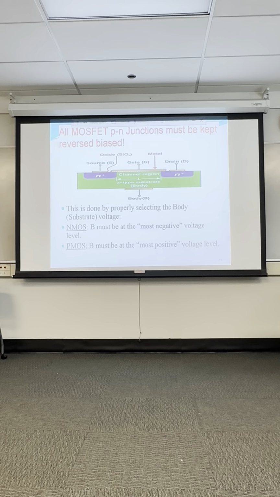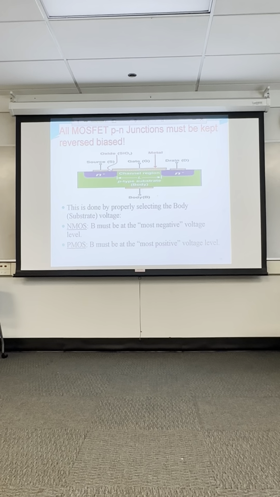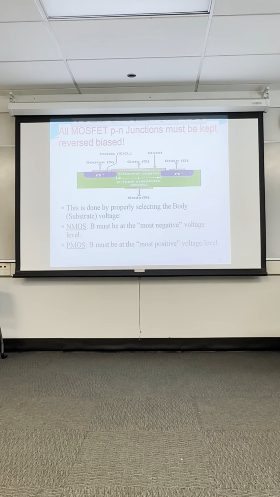The body, which is this terminal, if it's an NMOS, should be connected to the most negative voltage level. If it's a PMOS, the body must be connected to the most positive voltage level. One of the simplest ways to damage a MOSFET transistor is by not paying attention to where the body is connected.